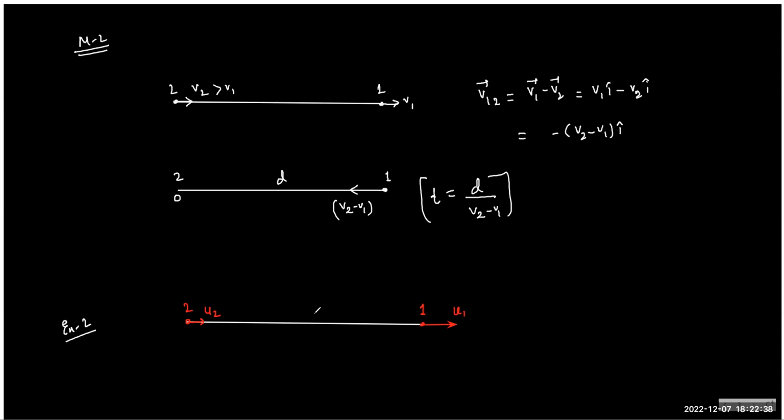And let's say the initial separation is D. But U1 is more than U2. So will they ever meet? Is it possible for them to meet? The answer is no.